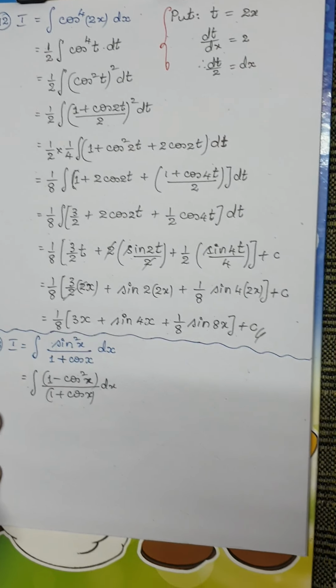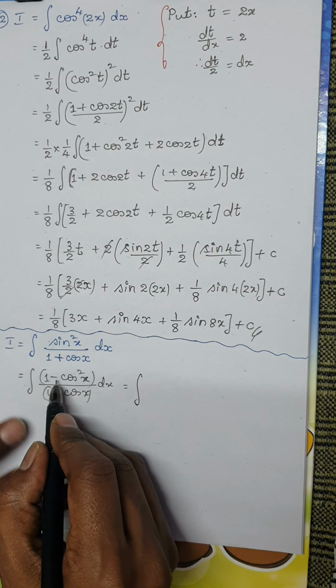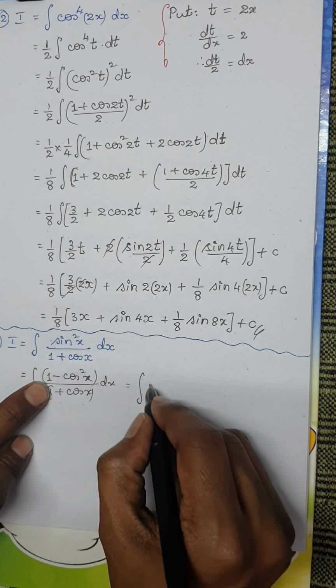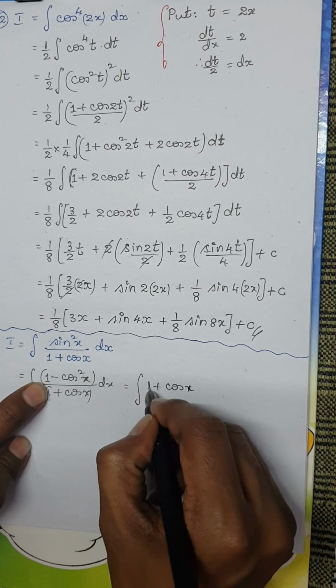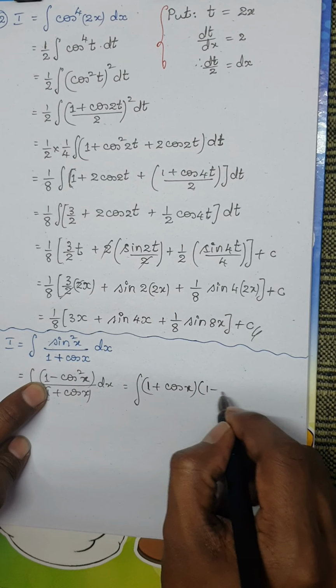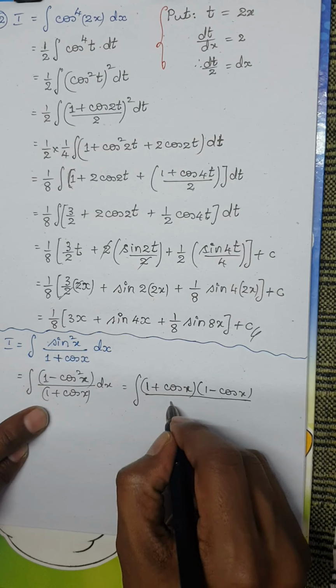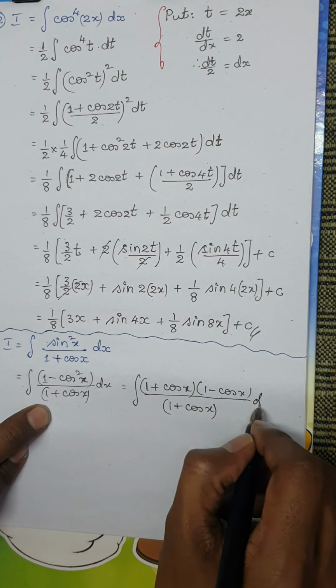Okay, now remember, 1 can be written as 1 square, isn't it? So this is of the form a square minus b square. So a square minus b square can be written as a plus b into a minus b, that is 1 plus cos x into 1 minus cos x divided by 1 plus cos x dx.